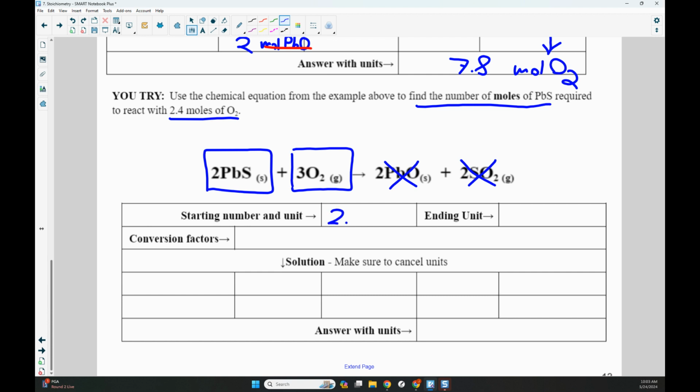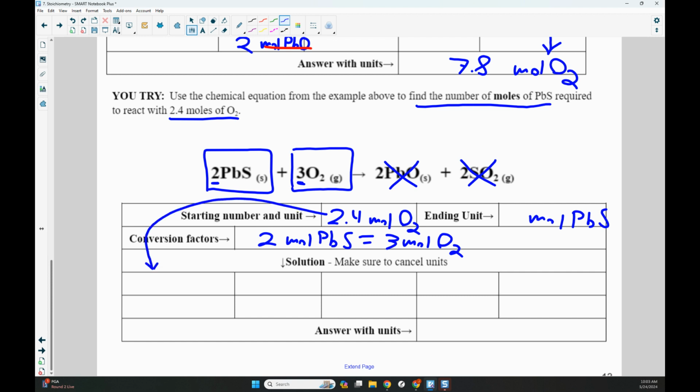So I'm going to put 2.4 here, because that is the number that I was given. And the thing I'm trying to figure out is moles of PbS. The relationship between the two, again, I get by looking at the coefficients. So for every 2 moles of PbS, I'm going to have 3 moles of oxygen. So my starting number in the unit goes where it has all year. 2.4 moles of O2 here.